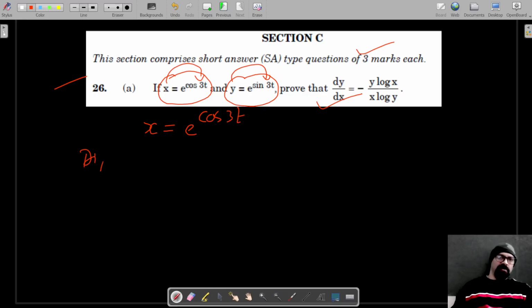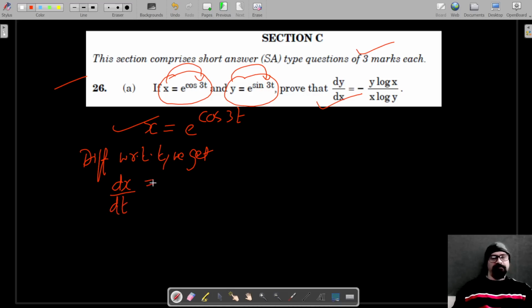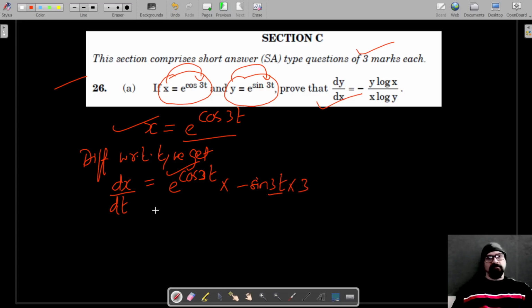So differentiating this with respect to t, we get dx by dt, which is e raised power cos 3t, and the differentiation of cos is negative sine 3t, and the differentiation of 3t is 3.